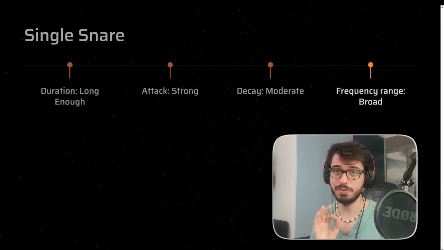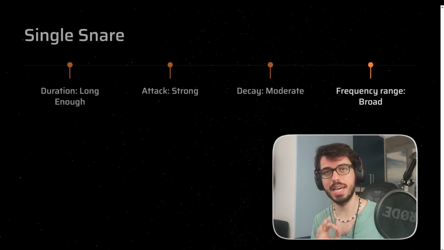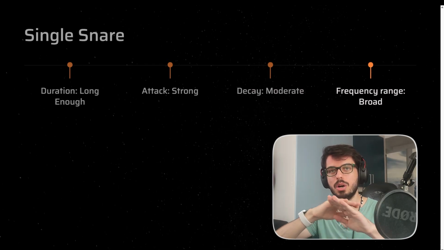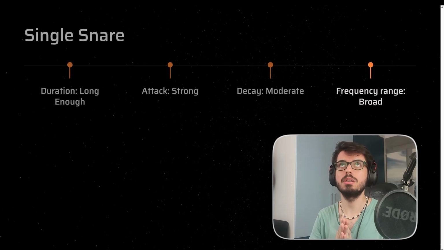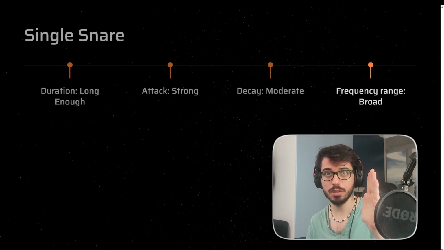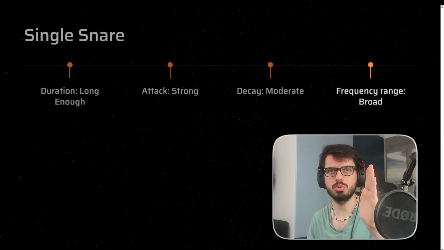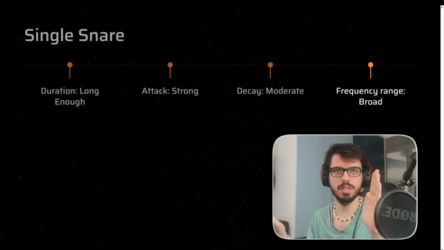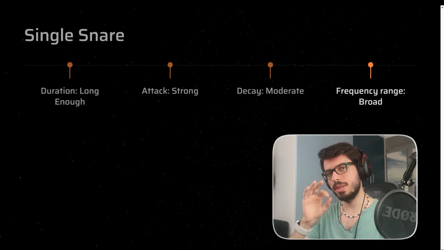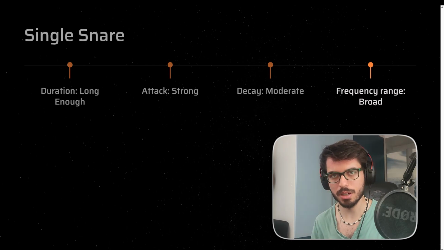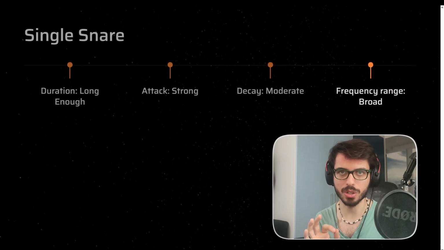Last thing, the frequency range, okay? A snare should be present in all the frequency ranges, okay? It should be present from 100 Hz to like, I don't know, 20 kilohertz or 16 kilohertz, something like that, okay? Now, very important thing, the best frequencies for this snare are 200 Hz and 7 kilohertz, okay?